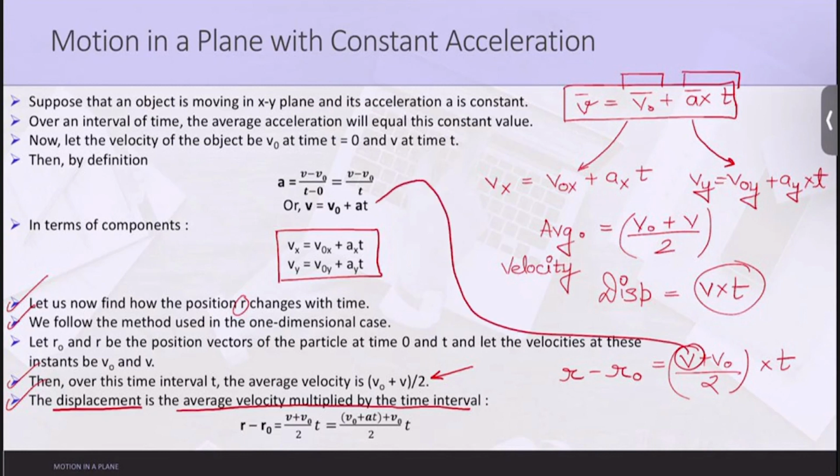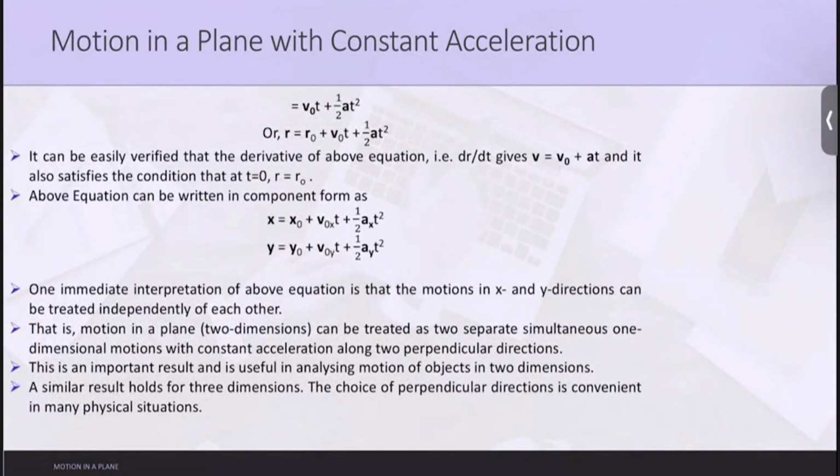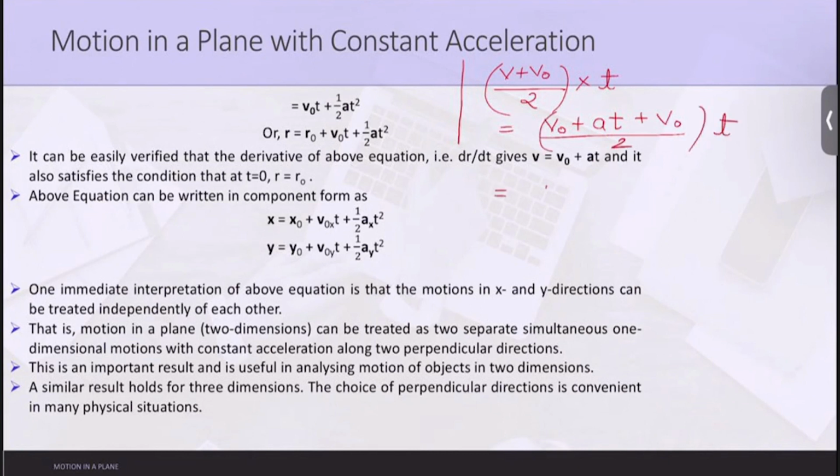Now, v is equal to v naught plus at. So v plus v naught by 2 into t can be written as v naught plus at plus v naught by 2 into time, which is 2v naught by 2 plus at by 2 into t, which is equal to v naught t plus half at square.